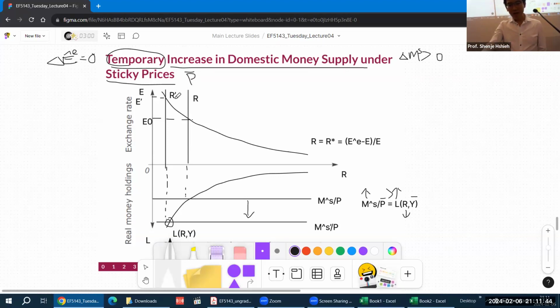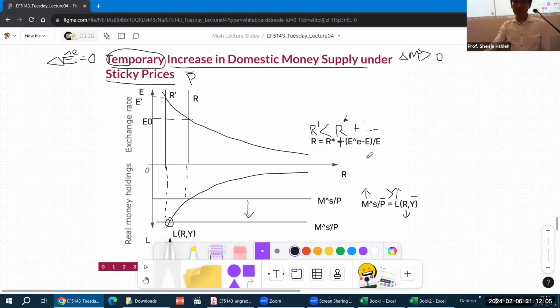We have a lower R, R prime. But R prime means that the home interest rate is now lower than R star plus everything else, dot, dot, dot. What does that mean?